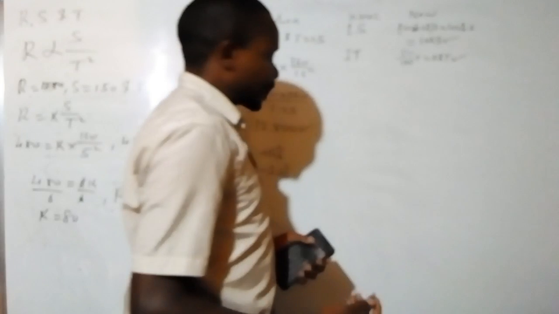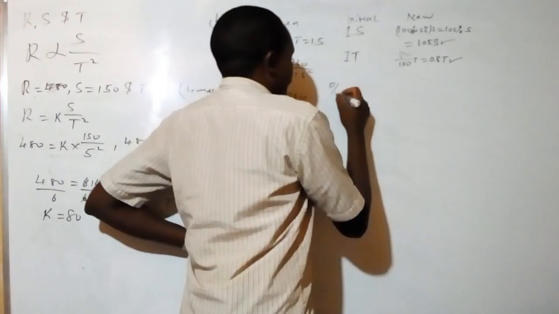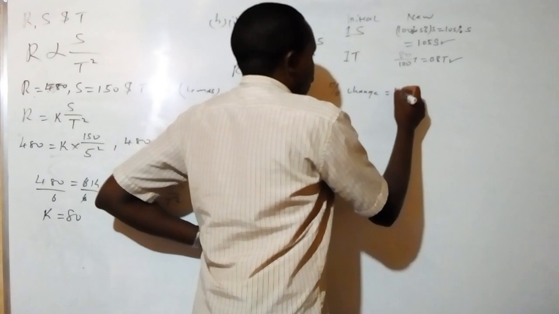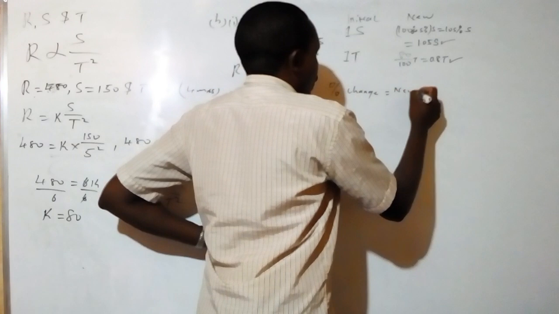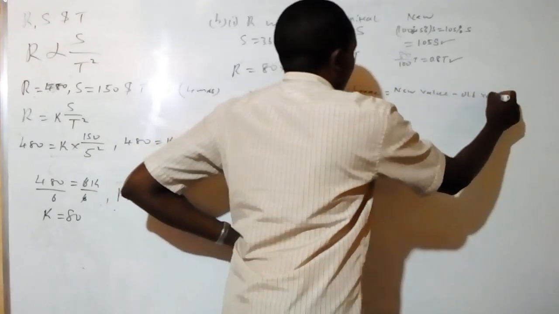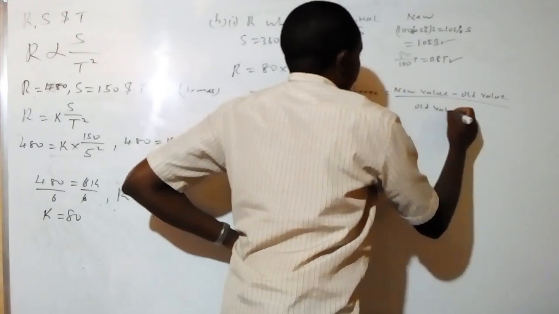And we have said that the percentage change is equal to new value minus old value or initial value, you divide by old value, times 100%.